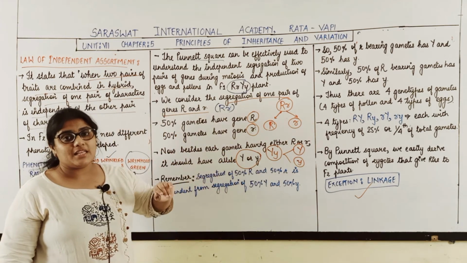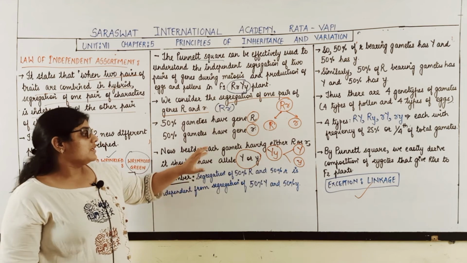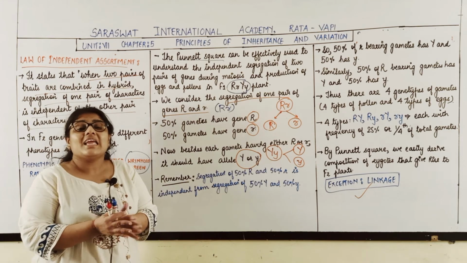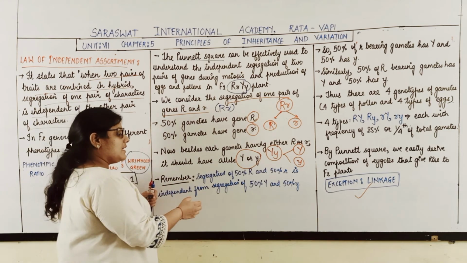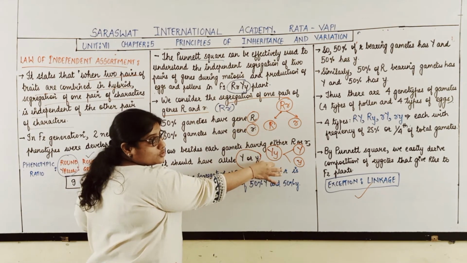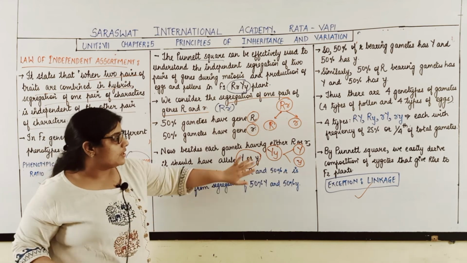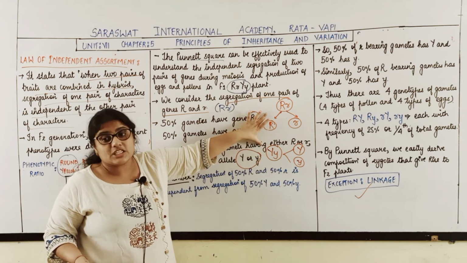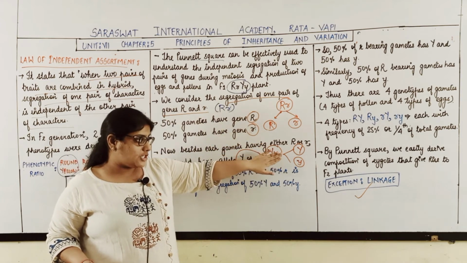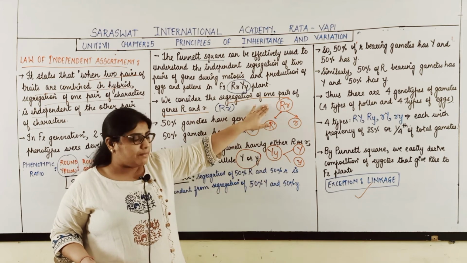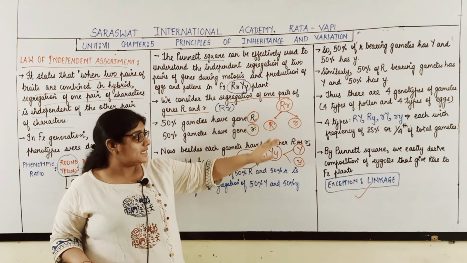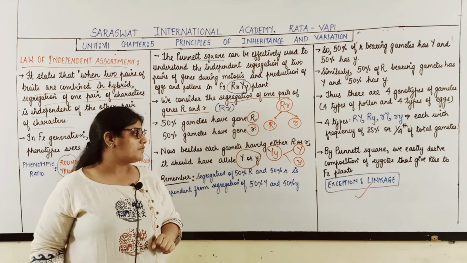They do not have any relation. Segregation of seed color and segregation of seed shape are independent of each other. These two genes will segregate on their own. The segregation of the color of the seed is not dependent on the shape of the seeds, nor is the segregation of the shape of the seeds dependent on the color of the seeds.